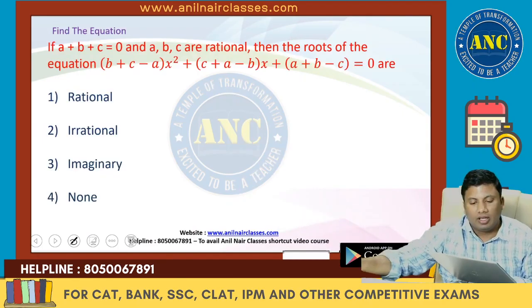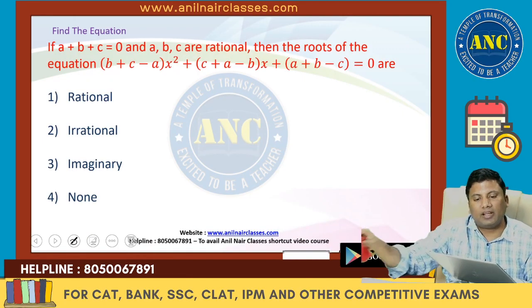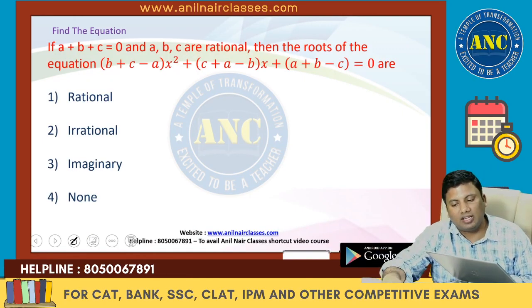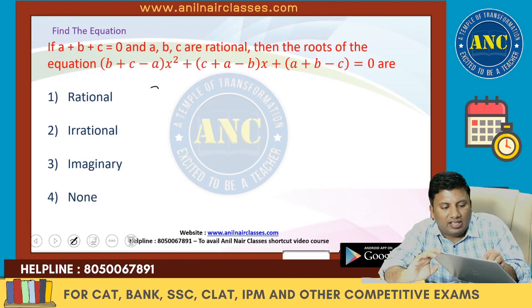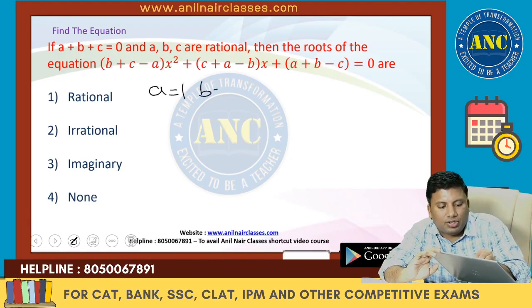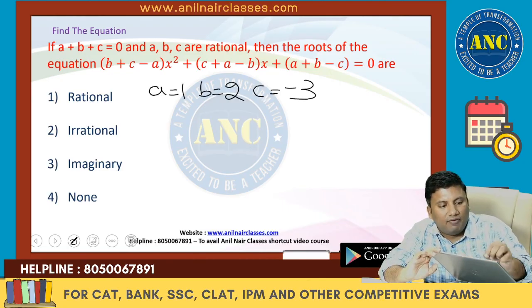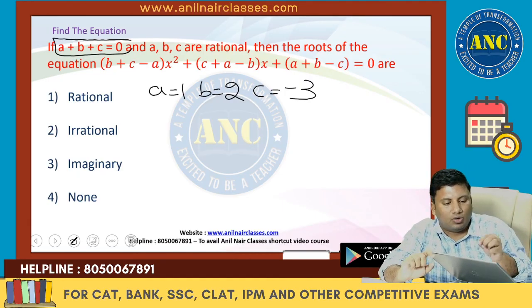Next one. If a plus b plus c is 0, and a, b, c are rational, then the easy way is to substitute a as 1, b as 2, c as minus 3, which satisfies a plus b plus c equal to 0.